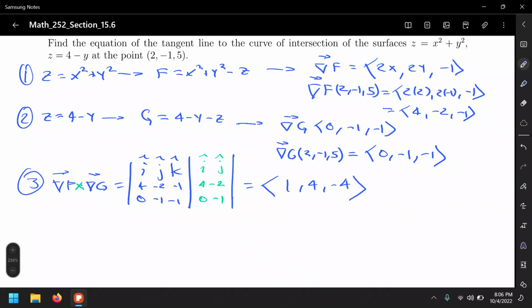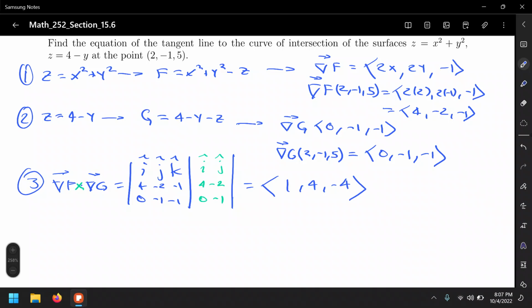(1, 4, -4). Okay? So, why are we doing the cross product? Recall that the cross product gives us a vector that is orthogonal to these two vectors, which are the vectors normal to the surfaces for F and G respectively.